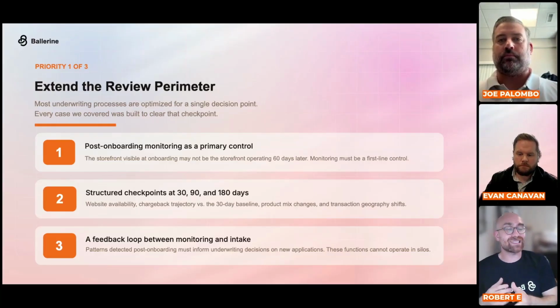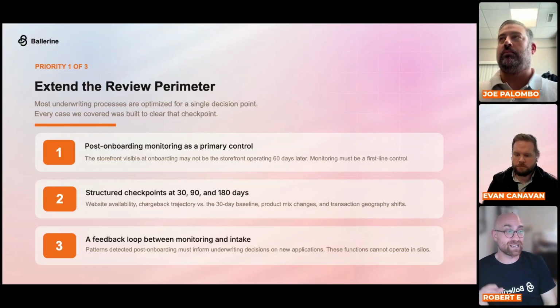So where does that resistance sometimes come from internally, and why does that make it a challenge to a successful merchant risk program?